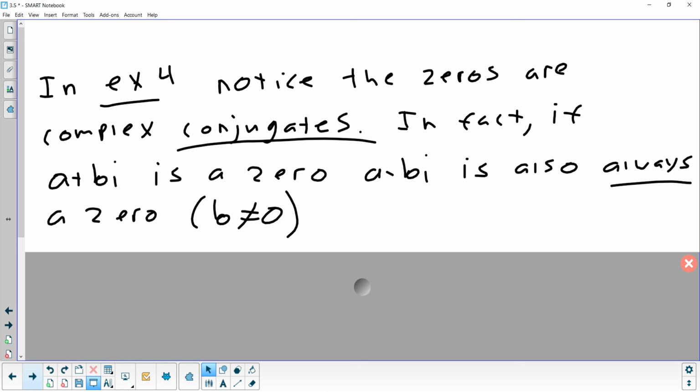Well, they're not telling you the whole thing. If 2 plus i is a root, 2 minus i is a root. They always occur in pairs. You can never have an odd amount of complex roots. It has to be even.